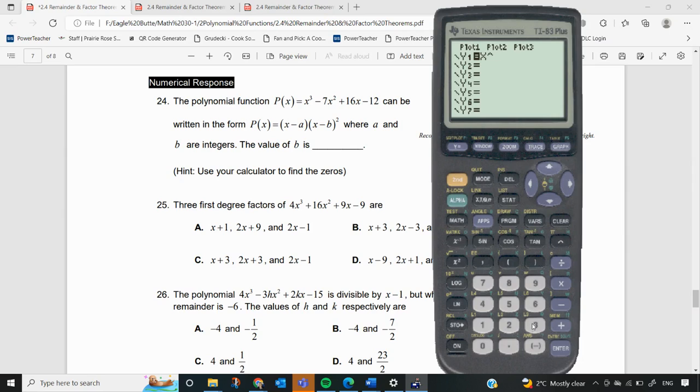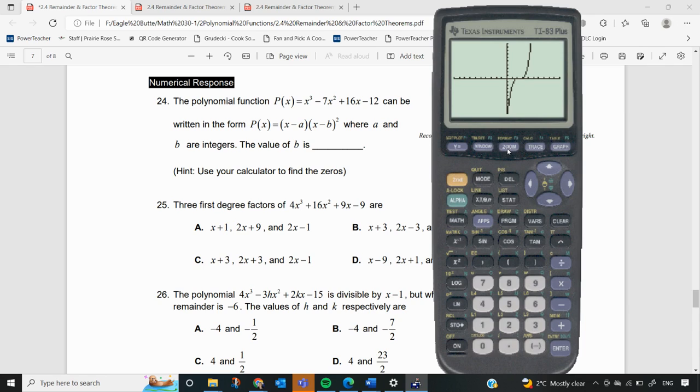So x cubed minus 7x squared plus 16x minus 12. And zoom standard. And then I'm looking for my zeros. Well, when you first look at this, it looks like it's a cubic function, which we can tell, but we can't see this far out or this far zoomed out where our zeros are.